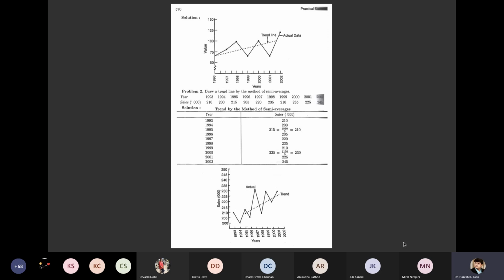So keep in mind that your y-axis should cover these 2 points, 200 and 245. Take the scale accordingly. Now put all the points on graph paper and connect them freehand. Again, you will have a zigzag type of graph.